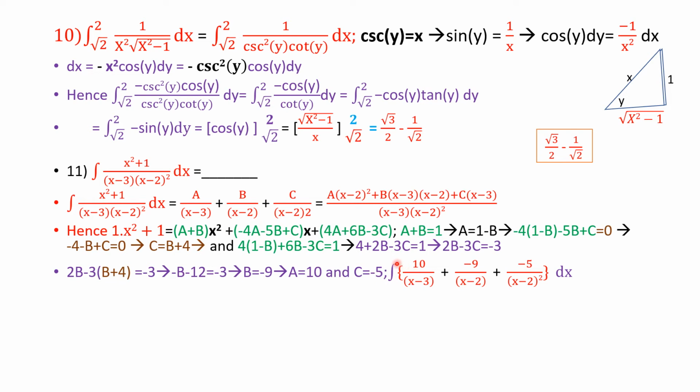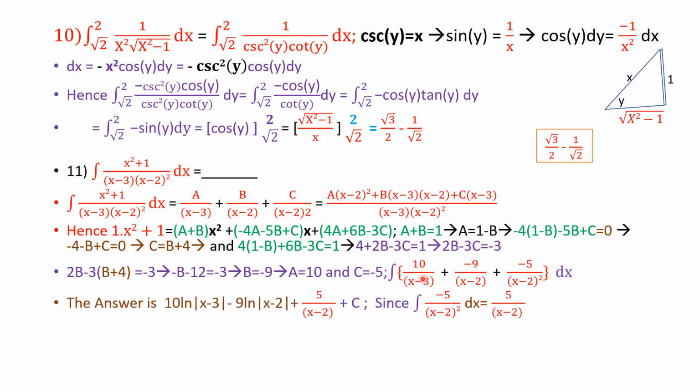Now in our integration we will replace a by 10, b by negative 9, and c by negative 5. All we need to do now is integration. So the answer is 10 ln absolute value of x minus 3 for the first term, and then minus 9 ln of absolute value x minus 2, plus 5 divided by x minus 2, plus the constant of integration.